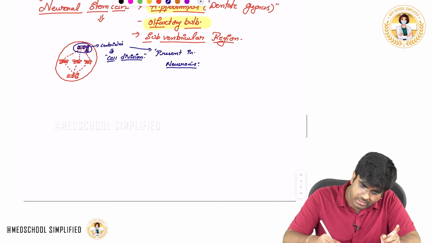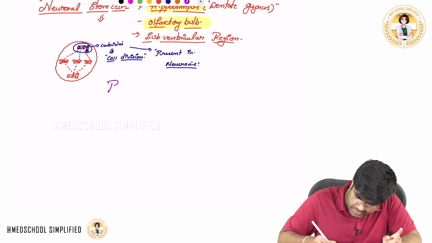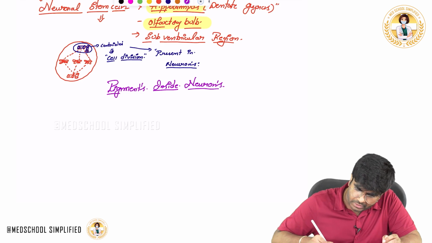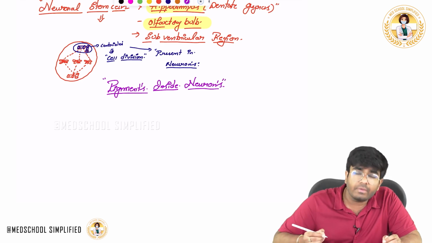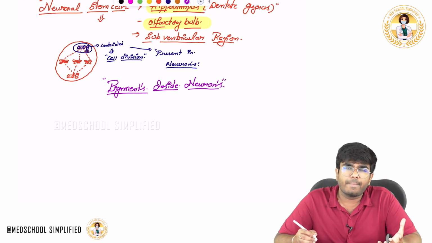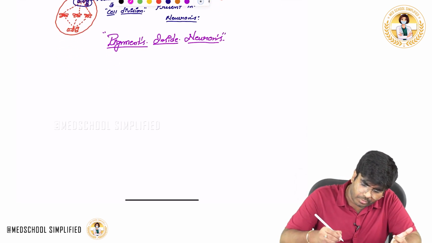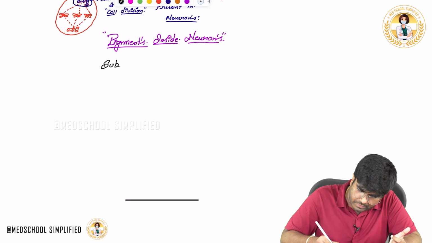Okay, so the next thing is the pigment inside the neurons. In your central nervous system, there are certain areas where they are having some colors. What are these areas? For example, the substantia nigra of the midbrain.